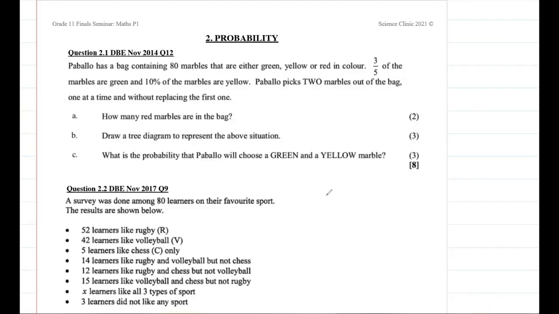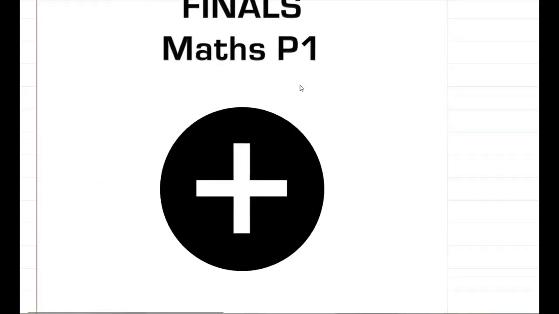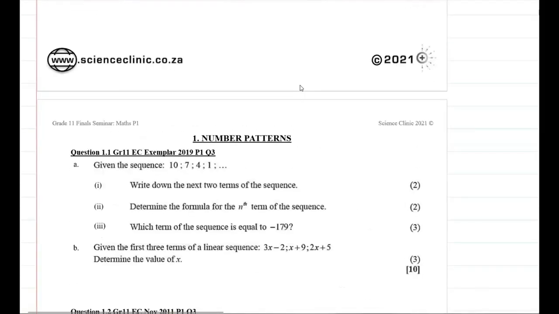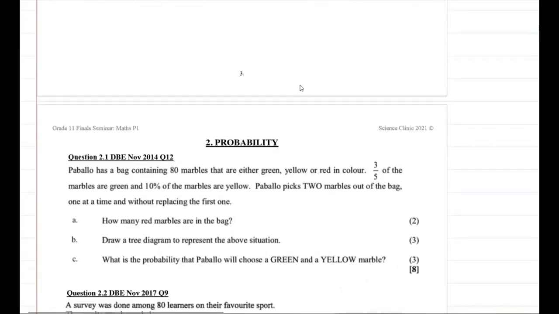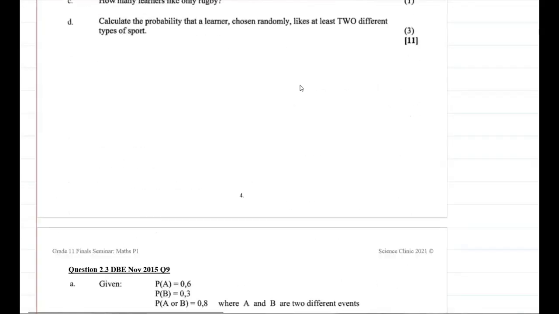Right. Okay, guys. So I just want to switch off my annotations. You guys have all these notes over here. You have finals, maths, paper 1, grade 11 questions. After your number patterns, you'll find the probability section. This is on page 4.